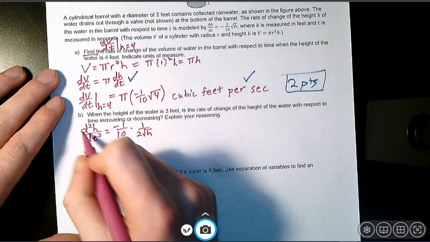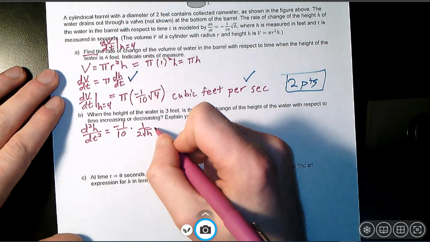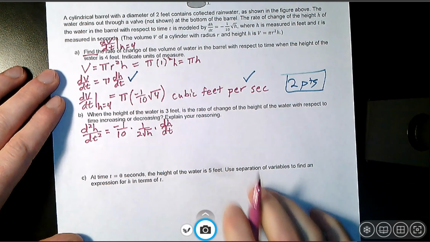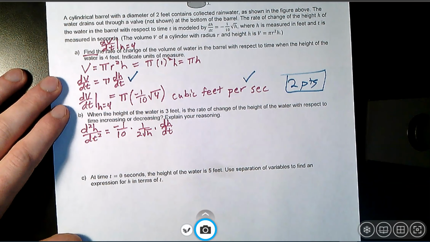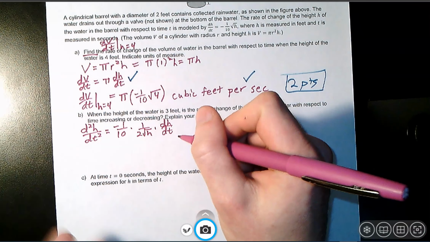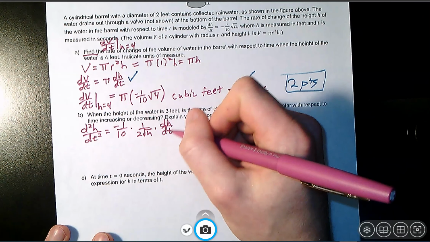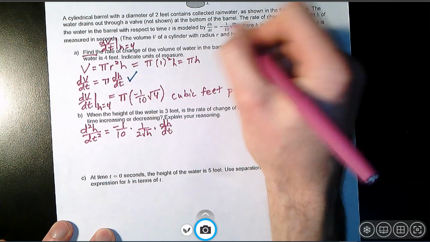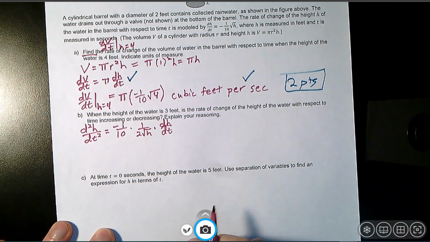I'm taking a derivative with respect to time, so that's an implicit derivative. Can't forget about the dh/dt right here. Cool. I found the second derivative of h with respect to time. But I have a dh/dt on the inside of that. I know what dh/dt is. They gave it to me up at the top.